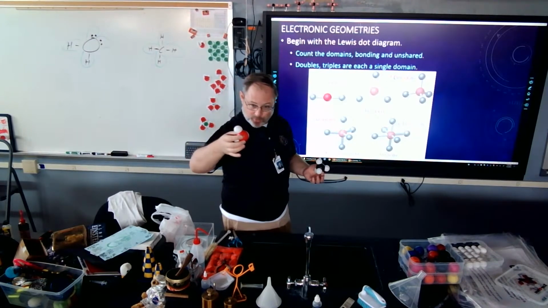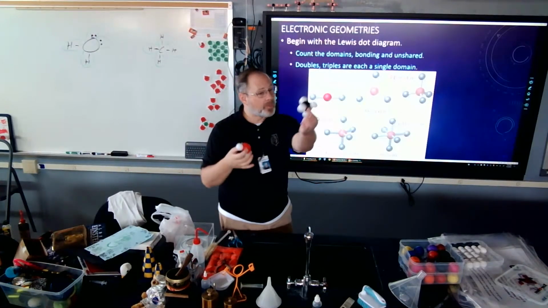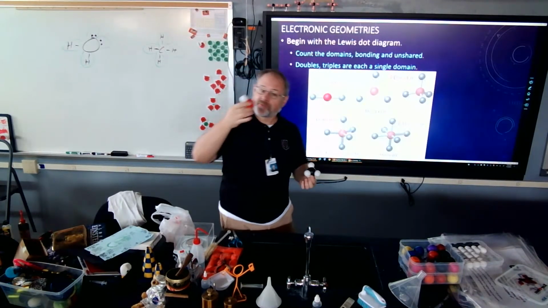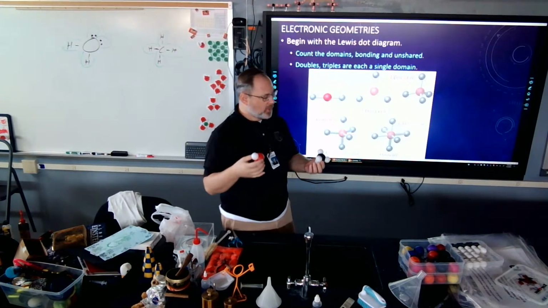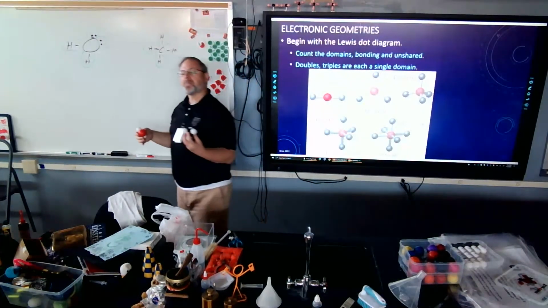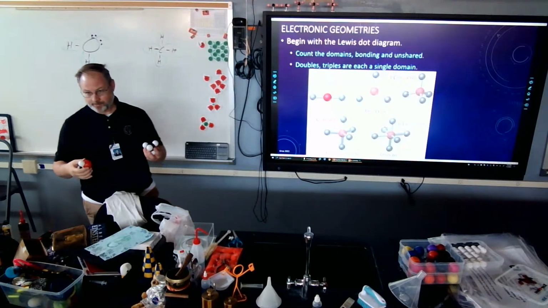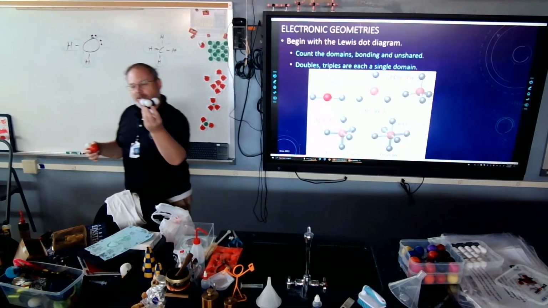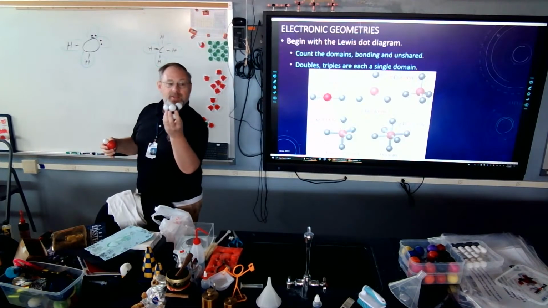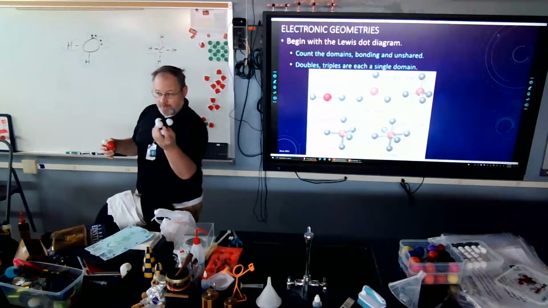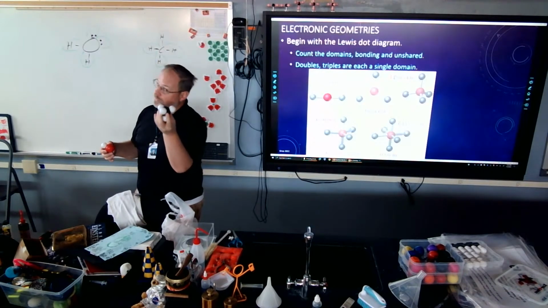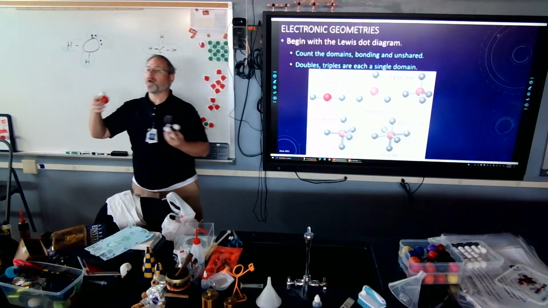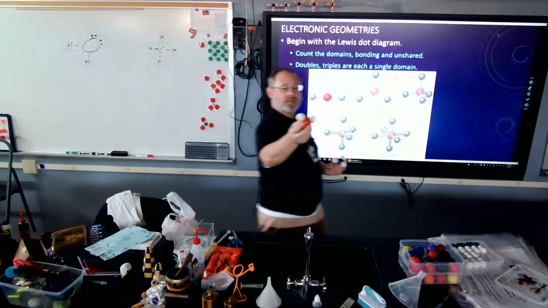A molecule can have all bonding pairs or some unshared and some bonding, as in the case of water. So what we care about is the molecular geometry. The molecular geometry of methane is also tetrahedral. Electronic geometry, tetrahedral. Also, the molecular geometry, tetrahedral. However, water's geometry is not tetrahedral.